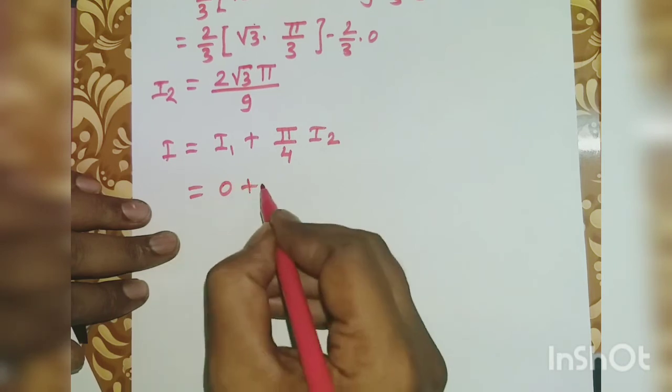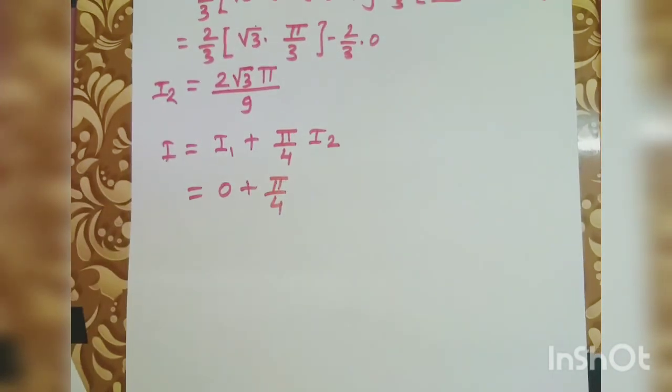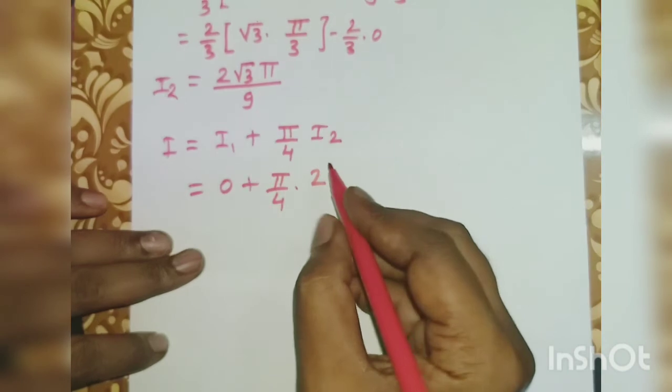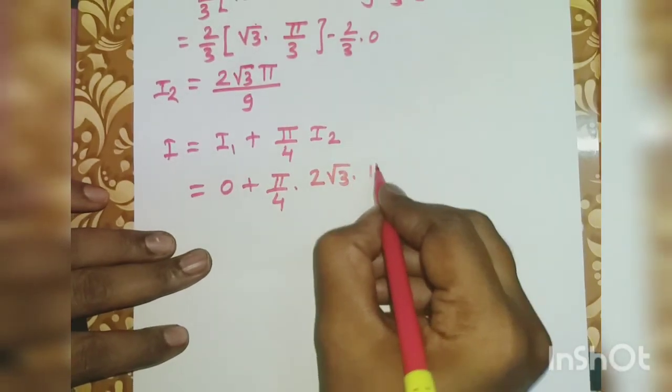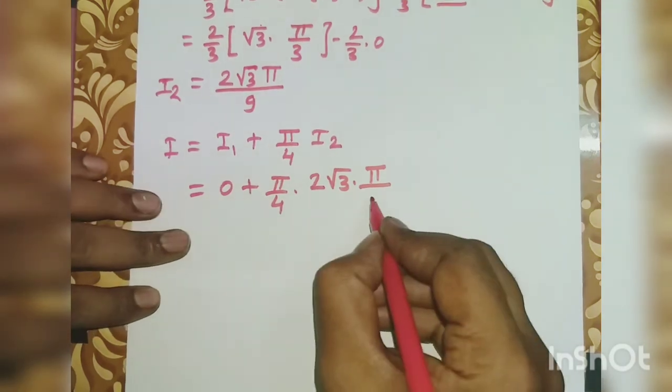It is equal to 0 plus pi by 4 into I2, which is 2 root 3 pi by 9.